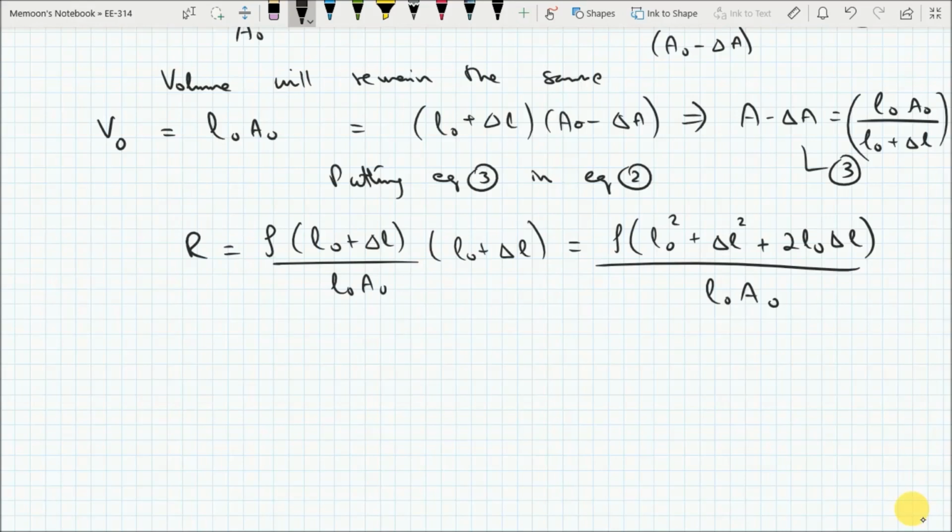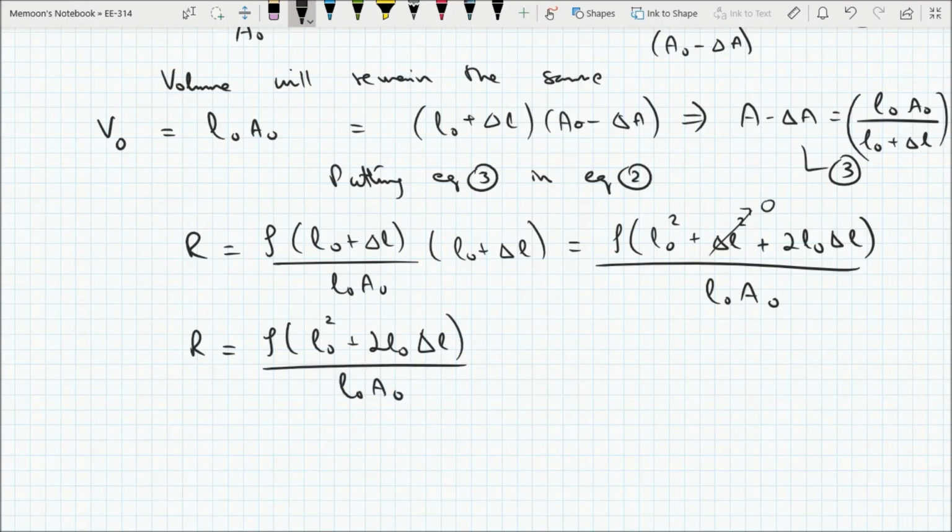As the change in length is very small in most cases, the square of ΔL can be approximated to 0, and the new expression will be R = ρ(L₀² + 2L₀ΔL)/(L₀A₀). Again, further expanding this expression, it becomes ρL₀²/(L₀A₀) + ρ·2L₀ΔL/(L₀A₀).